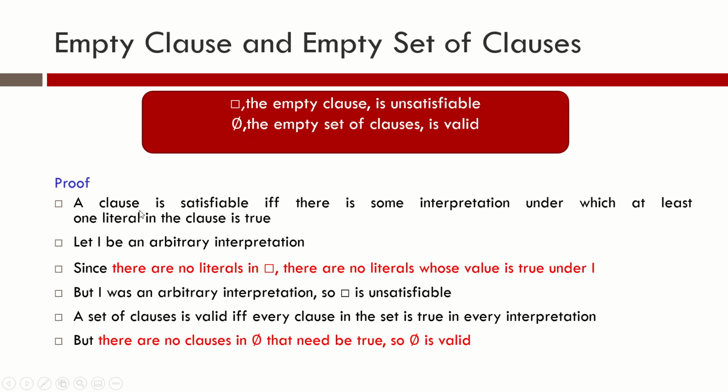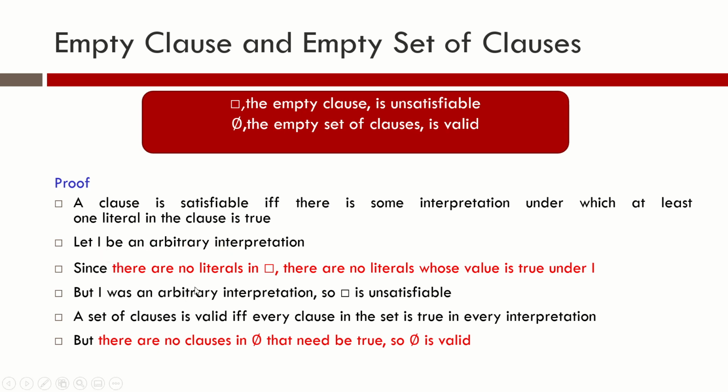When will we say that a clause is satisfiable? If there is some interpretation under which at least one literal in the clause is true. A clause is an implicit disjunction of its literals, so if at least one literal is true, then the clause is true, which means the clause is satisfiable. Let I be an arbitrary interpretation.